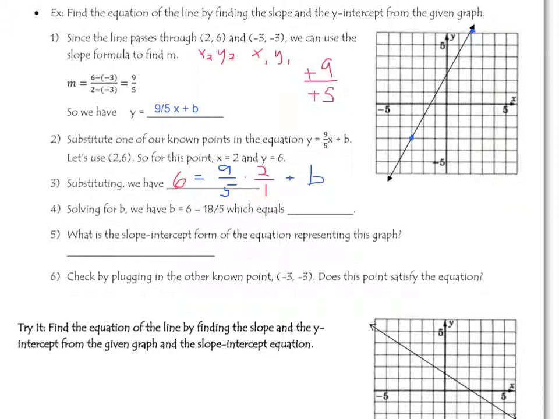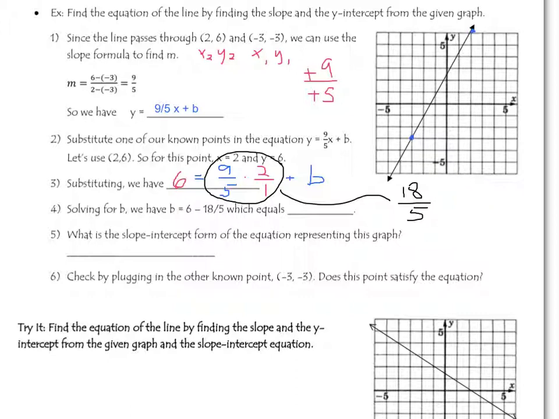Okay, so now we know everything except b, and so when we solve this, let's first look at the fraction. 9 times 2 is 18, and 5 times 1 is 5. So we get the fraction 18/5. I'm going to just circle this and bring it over here. That's going to be 18/5.